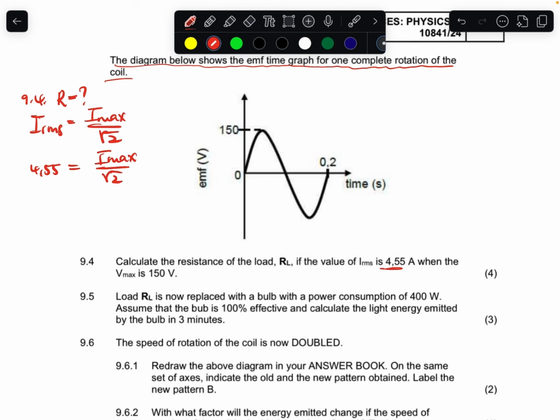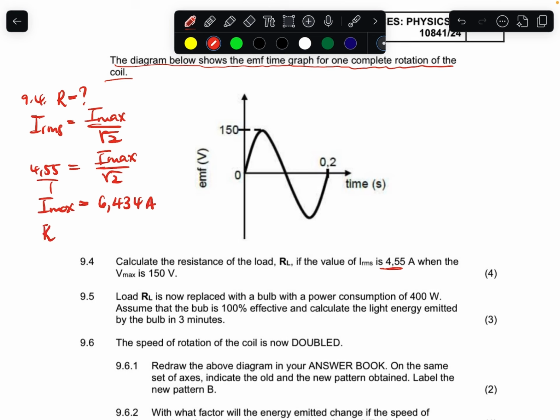I'm going to use the formula of the resistance that has the IMAX and the Vmax. I'm going to show you. And then we cross multiply. The IMAX is going to be 6.434 amperes. That's the IMAX.